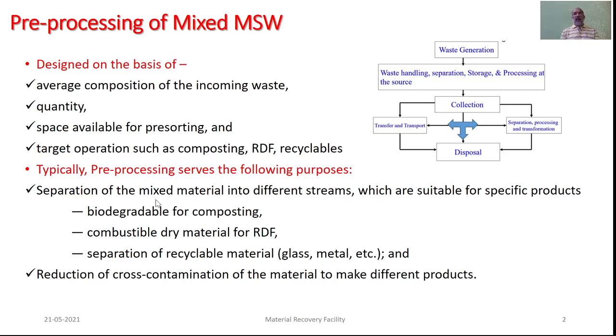Firstly, it allows the mixed solid waste which is being received from the different sources to be segregated into biodegradables, combustibles and to separate certain recyclables. As we do so, this pre-processing will also assist in the reduction of the cross-contamination of the various materials to make different products.